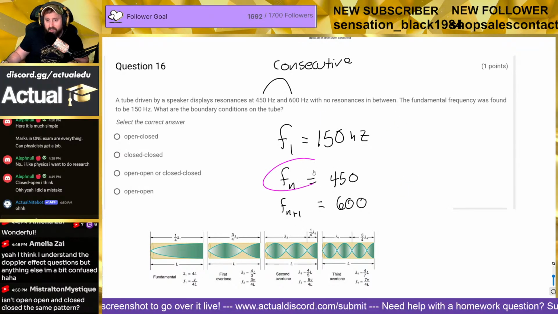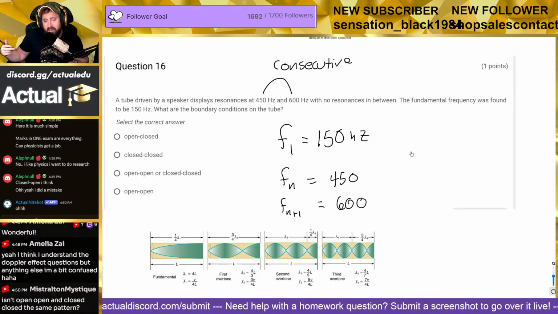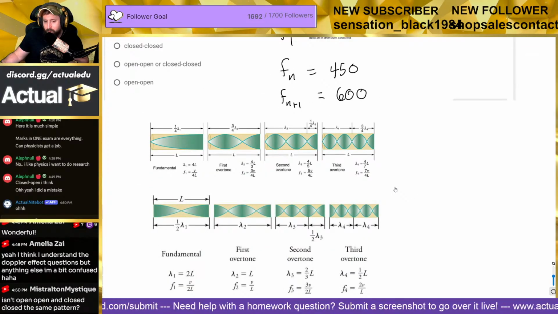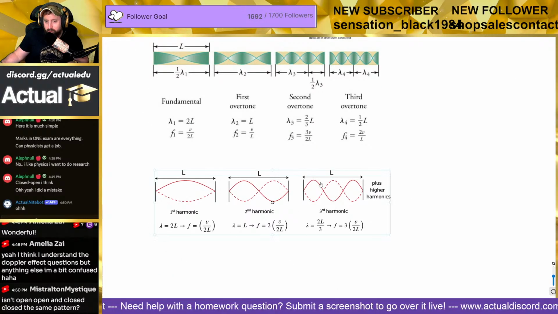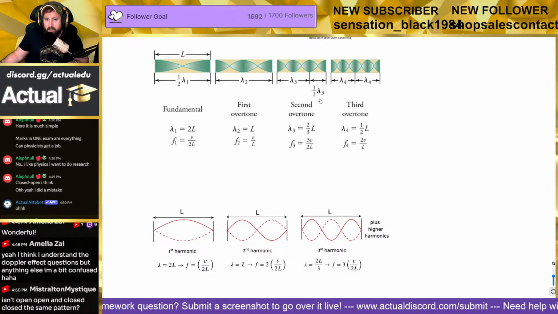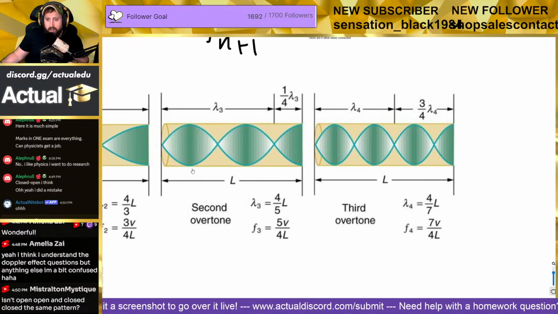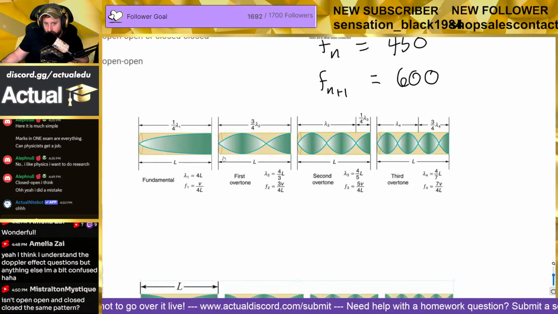So, for instance, this can't be like the odd frequencies, the odd multiples. Let me show what I mean by that, sorry. Okay. In the case of having something that is open-closed, okay?